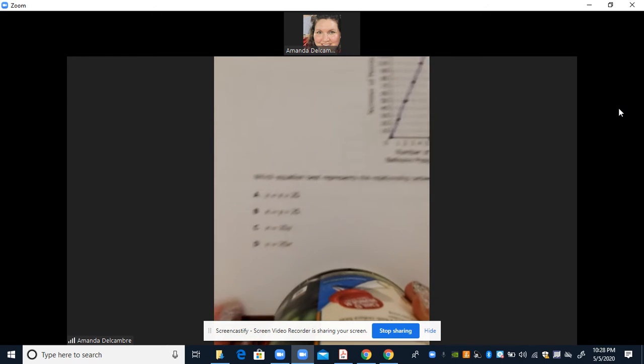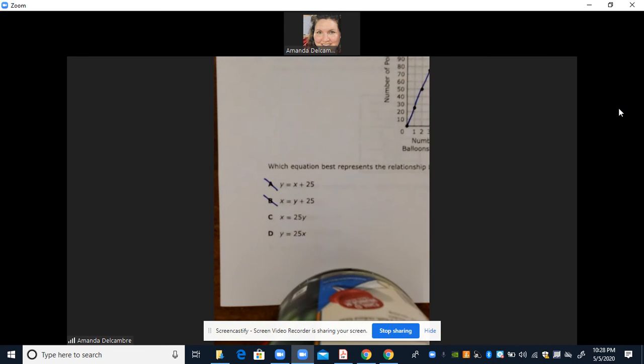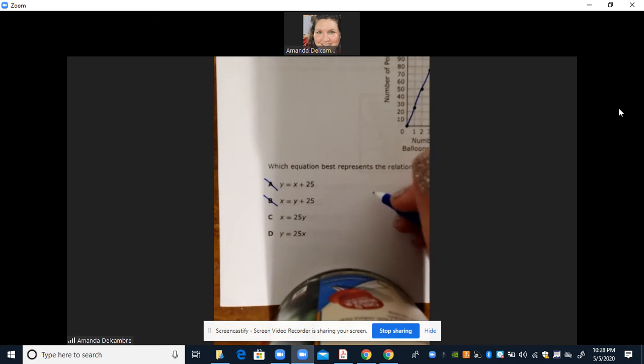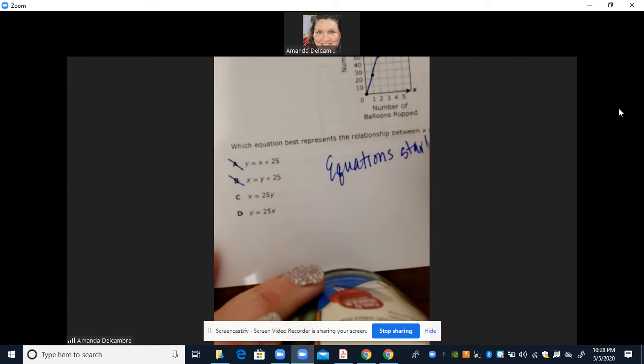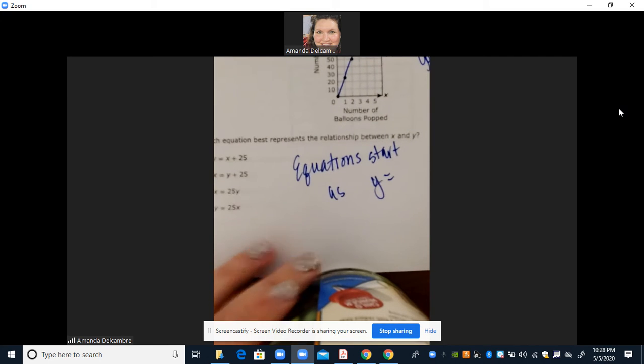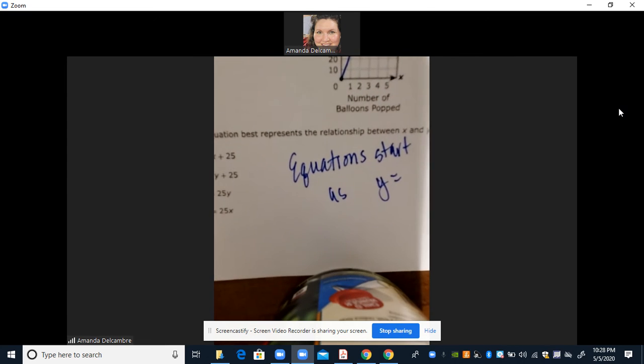So looking at our answer choices, we can eliminate 2 right off the bat. And when we start equations, remember, equations always start as Y equals. So which one would be the correct answer there? That was question number 13.